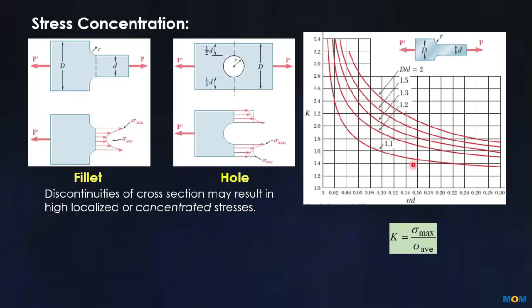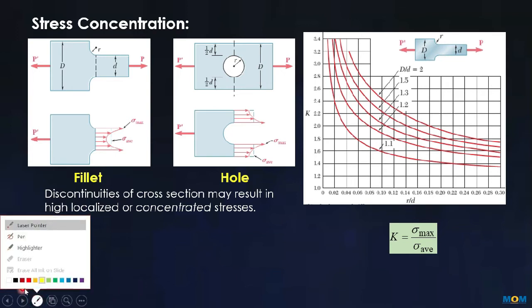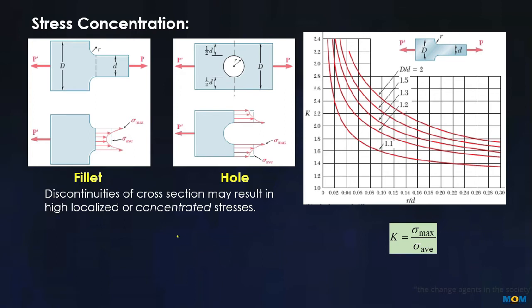Now another important thing is the stress concentration, and this is known as the stress concentration factor. Basically, stress is a function of geometry. If we see the stress, that is sigma, that is P, the load, upon the cross section area.